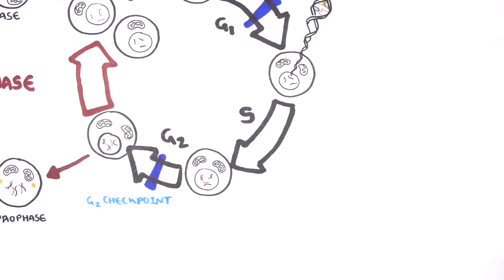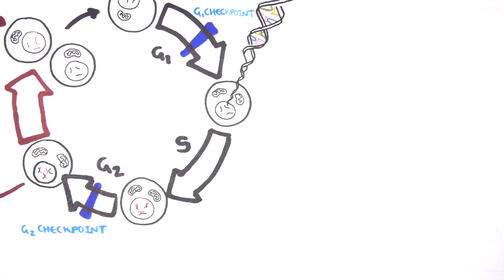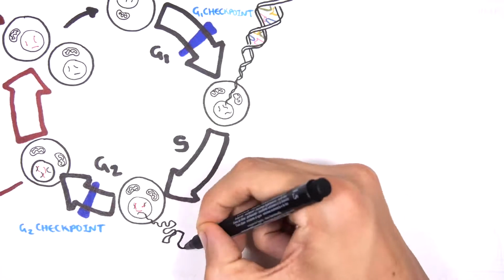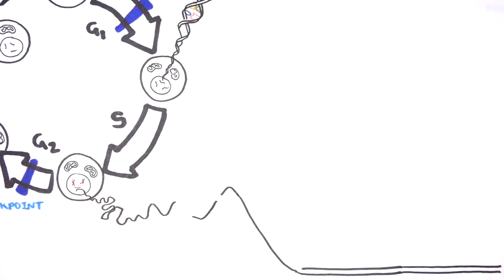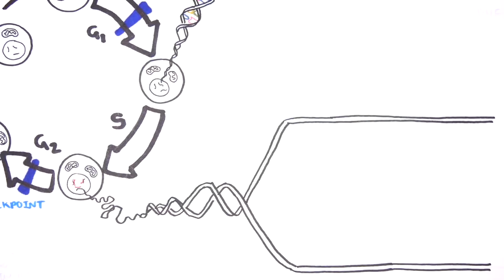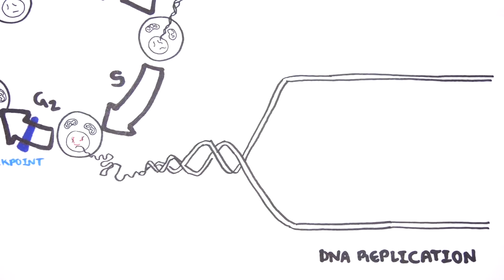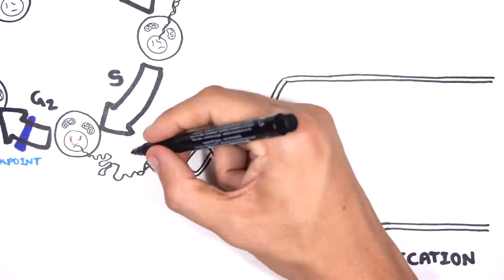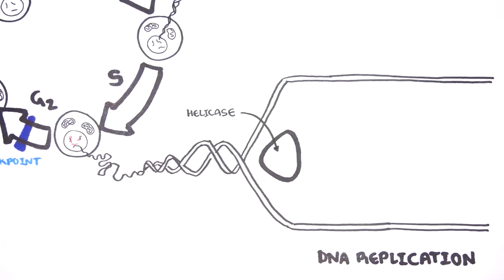After the G1 phase, where the organelles are duplicated, comes the S phase. Now, in the S phase, DNA becomes replicated. Now, let's revise this process. During replication, the DNA strand is separated by an enzyme called helicase. During the unwinding of DNA, tension can occur distally. The tensions are these coils that are being formed.